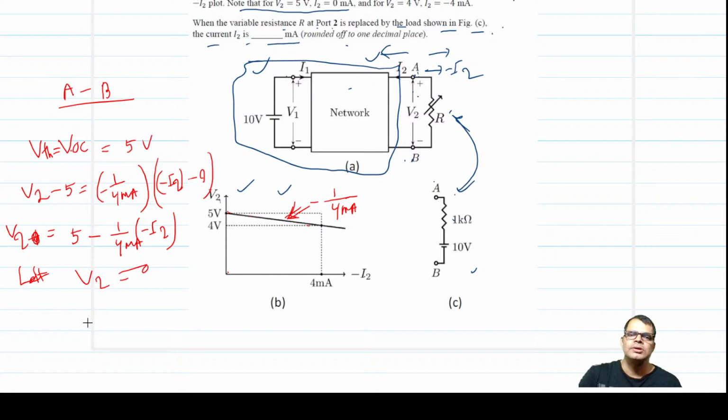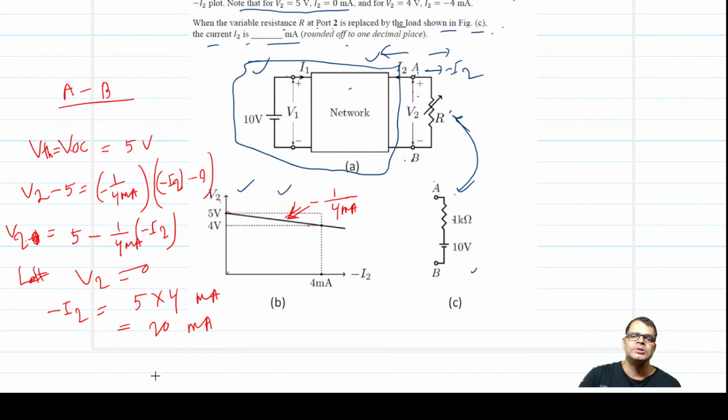The short circuit current, which is minus I2, is equal to 5 upon 1 by 4, you can see when V2 is 0, 5 into 4 milliampere. That is, the short circuit current is 20 milliampere, minus I2, because this current is flowing against the indicated direction, as I told in the beginning.